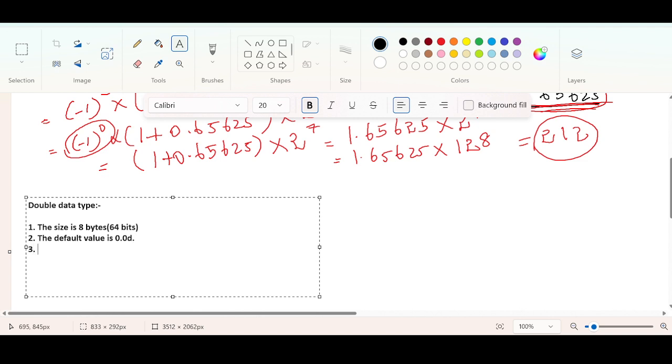And the third point: if you talk about the size, even the double data type has no specific size, because it is going to represent big fractional numbers, a huge amount of fractional values. The fractional values always have the least significance. Currency can be represented in fractional values, but only up to two places after the decimal point; after that it has no value.